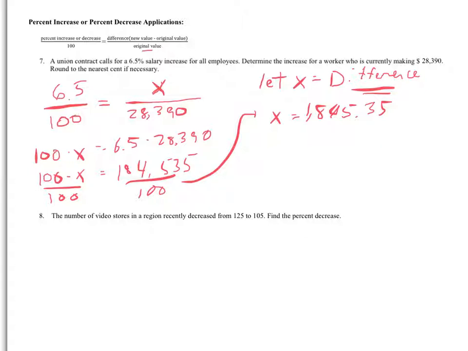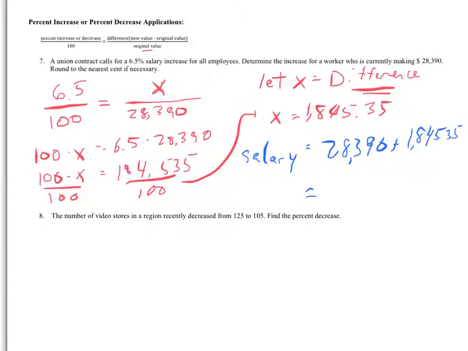So remember, what we said earlier was that x is the difference in this person's salary. So if the difference is $1,845.35, what is their actual salary? This person's salary was $28,390, and it's going up by, it's a percent increase, $1,845.35.